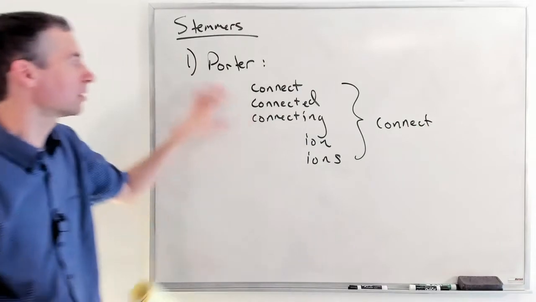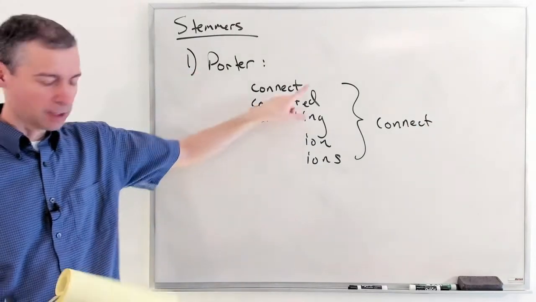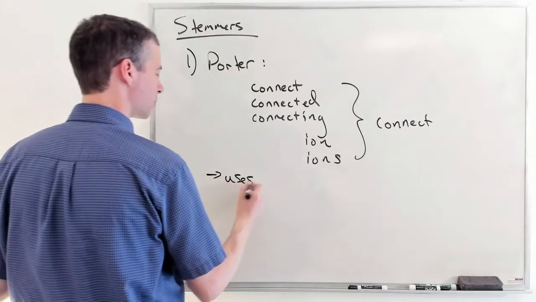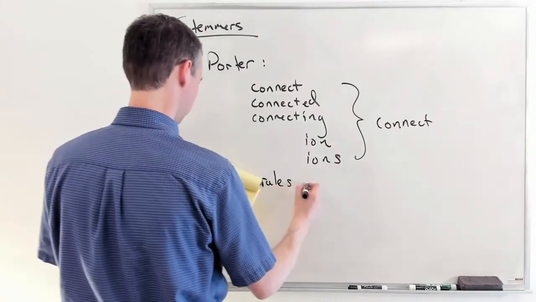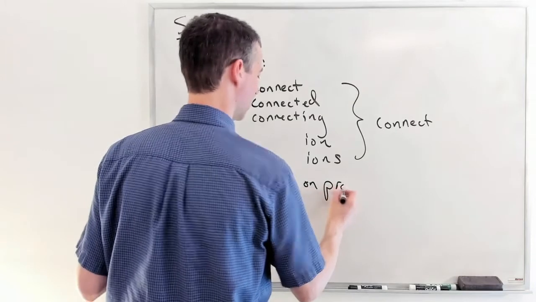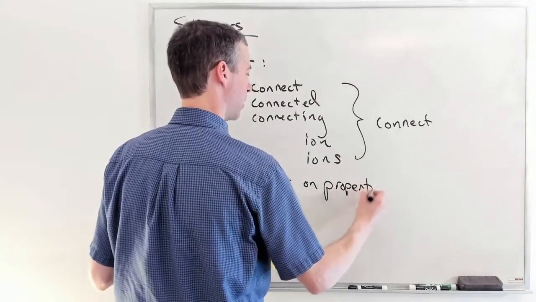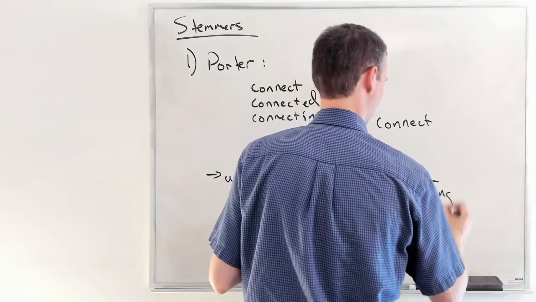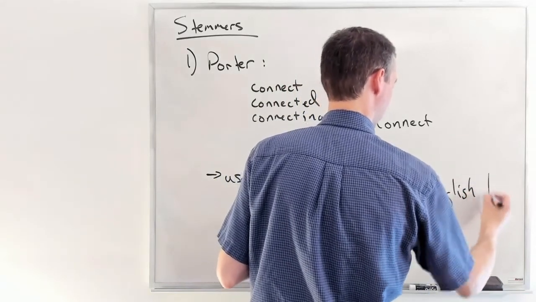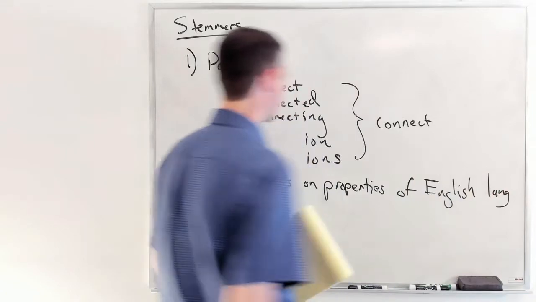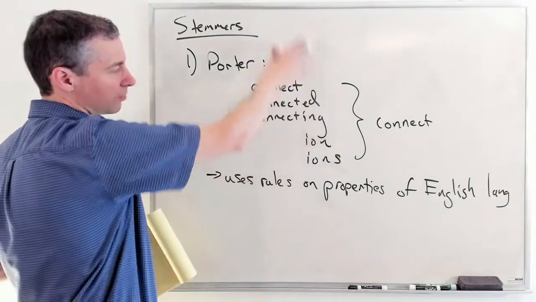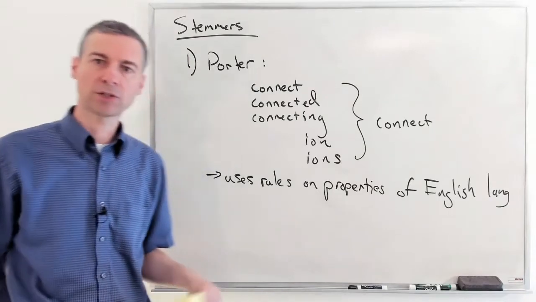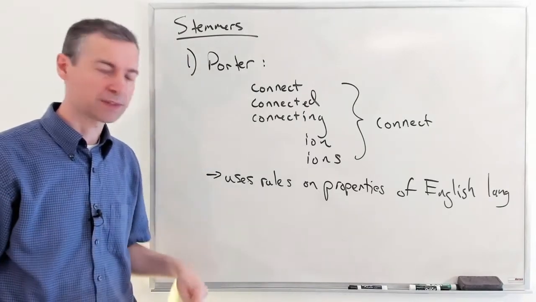Porter is really big on a mechanism that uses rules based on common properties of the English language, and the rules basically know how to chop off the end of a word to result in the stem.